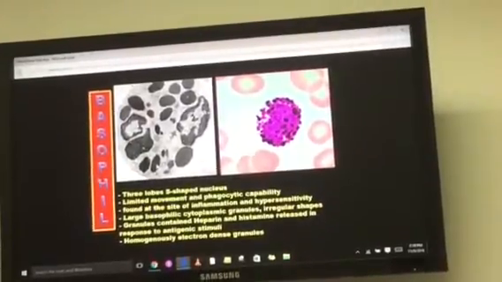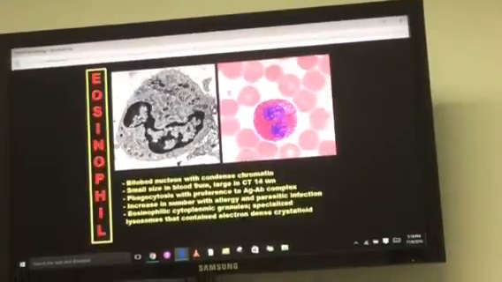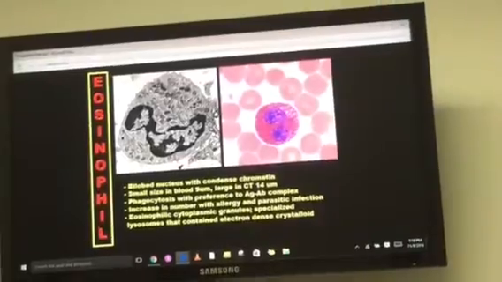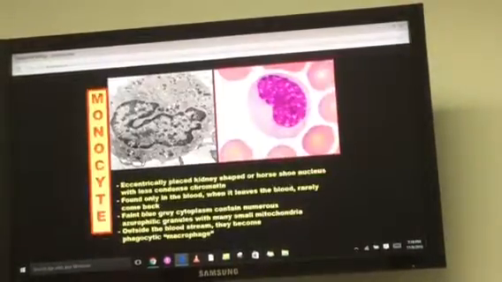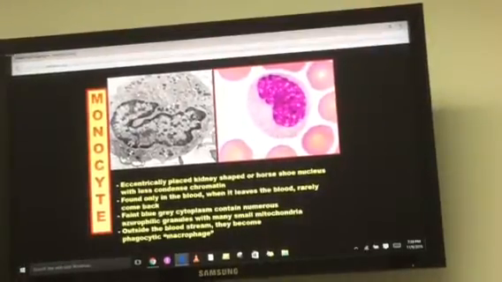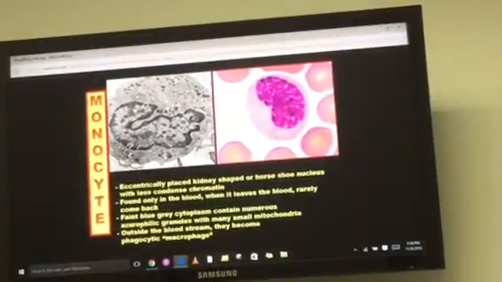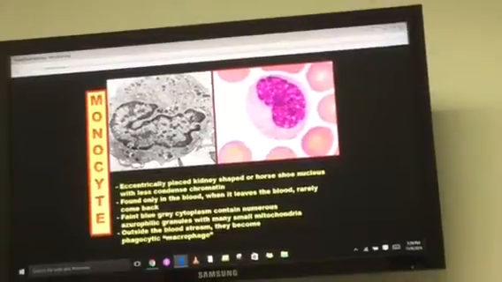This is a basophil versus eosinophil. Oh, okay, so they're smaller in blood. Yes. Okay. And then we have monocytes. They have a kidney-shaped or horseshoe nucleus with less condensed chromatin. Only found in blood. When it leaves the blood, it doesn't come back.